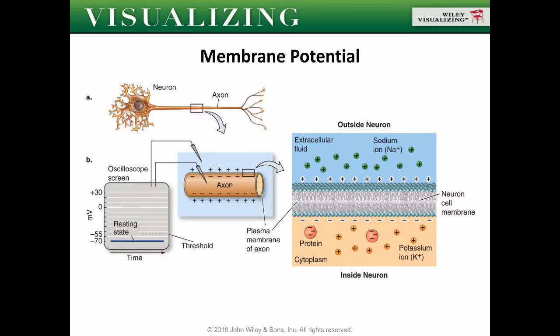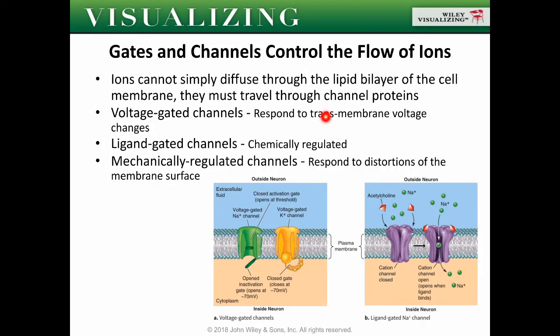It's like a relay. When they sense that their neighbor is at positive 30, they open the channels and become positive 30. That means the neighbor on my other side will sense the change, so it's time to open its channels. So basically, that's the voltage-gated channel.